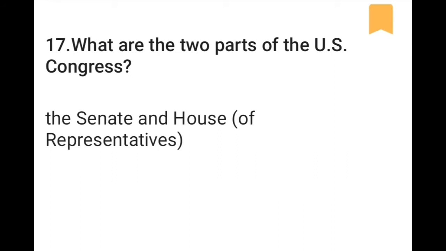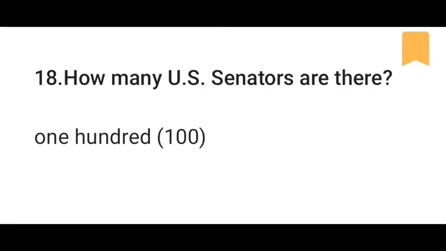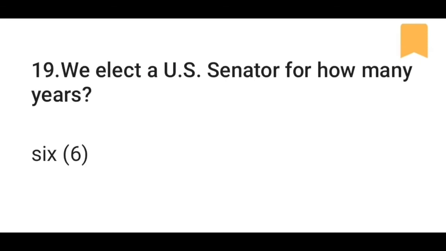The Senate and House of Representatives. How many U.S. senators are there? 100. We elect a U.S. Senator for how many years? 6.